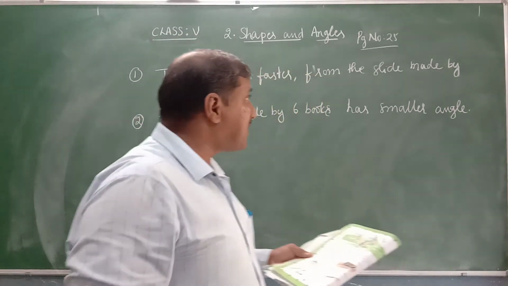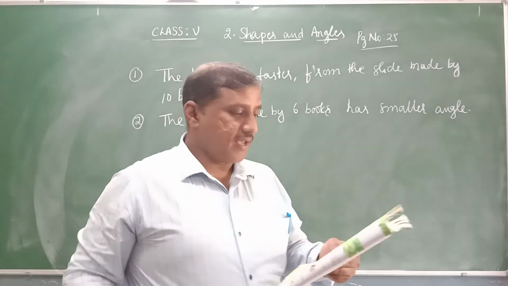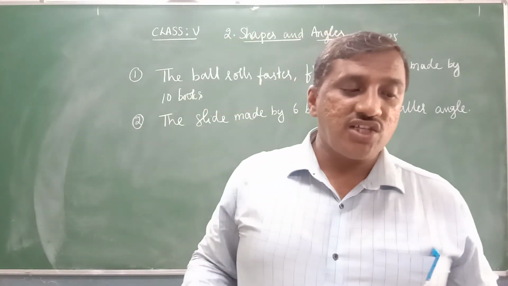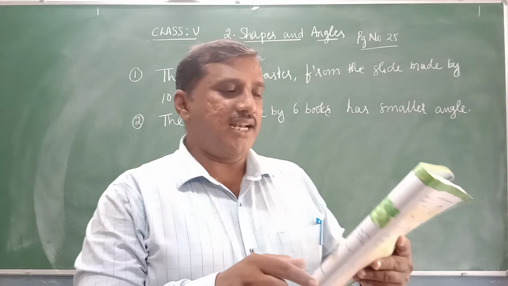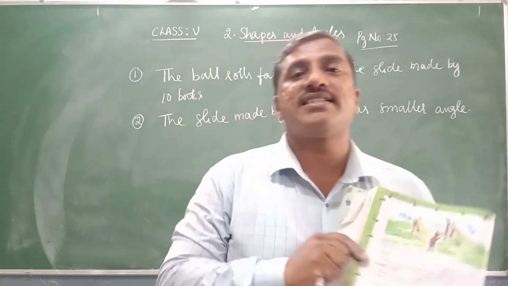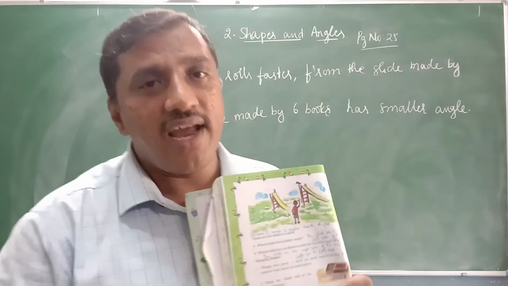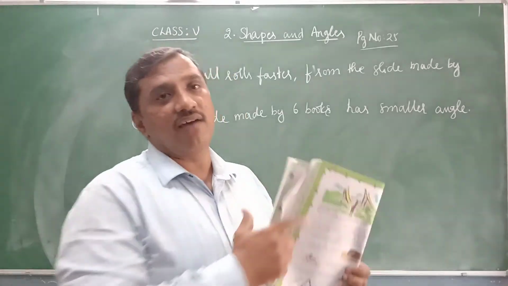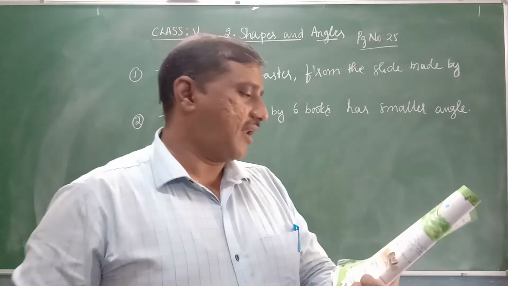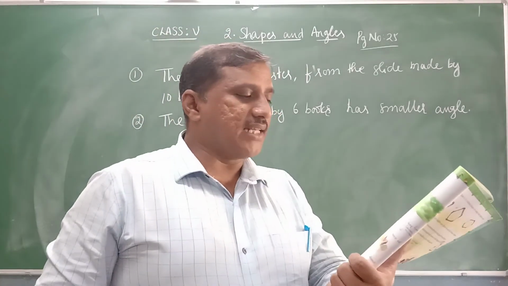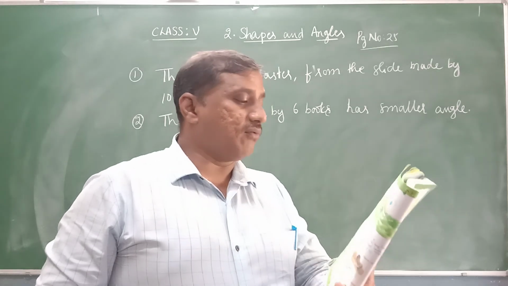Now this is a question with the slides. Which slide has larger angle? Yes, as I said, the slide on the left side of the boy has larger angle. Which slide do you think is safer for the little boy, and why?